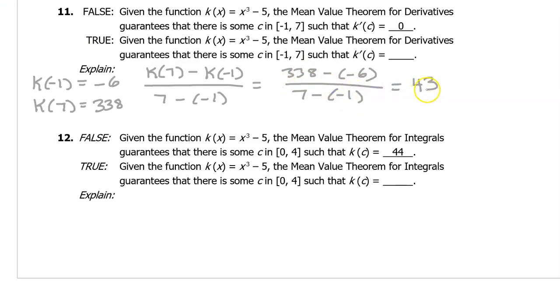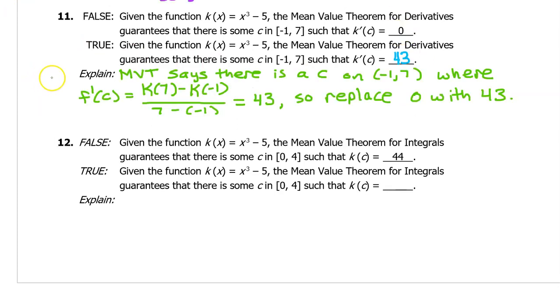But that turns out to be 43, not 0. In other words, the mean value theorem says there is a c on the interval from negative 1 to 7 where k prime at c is equal to k at 7 minus k at negative 1 divided by 7 minus negative 1. This equals 43, so replace 0 with 43.